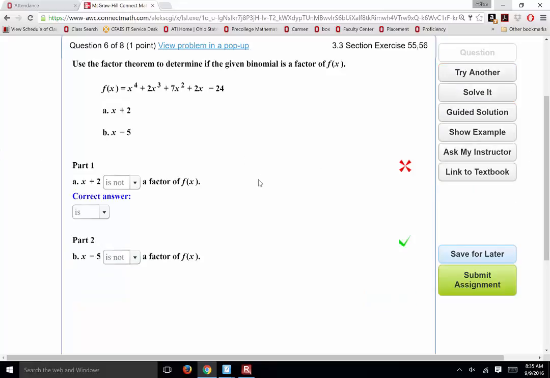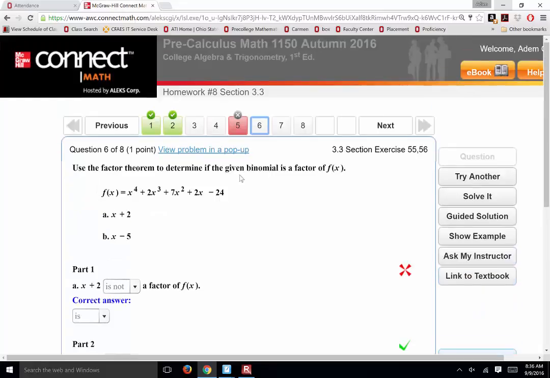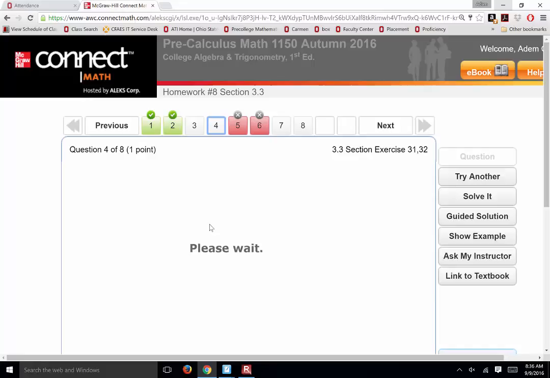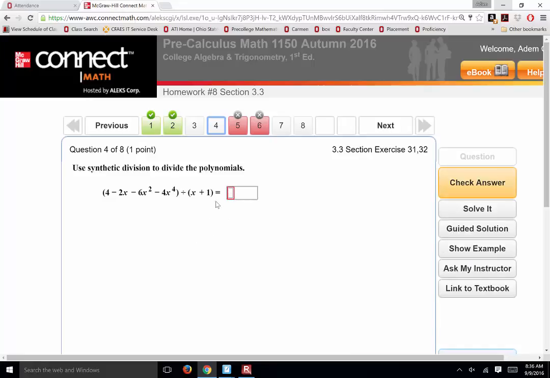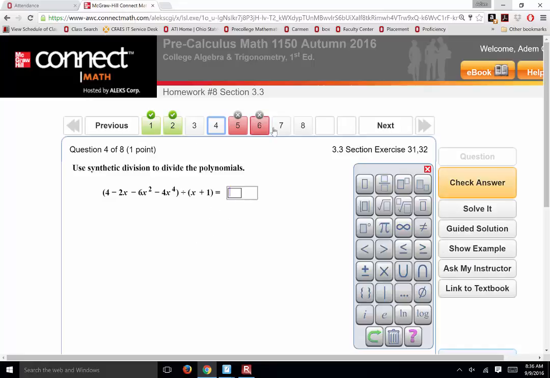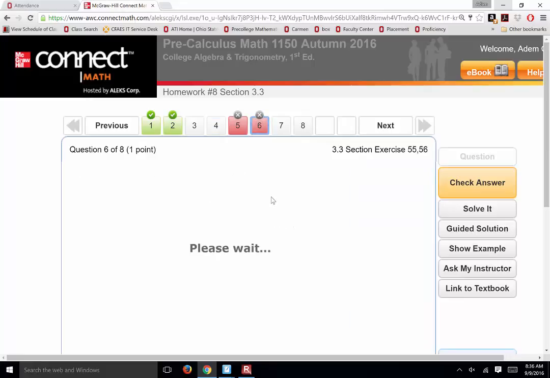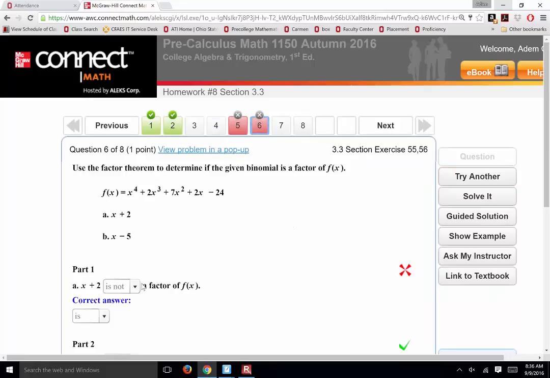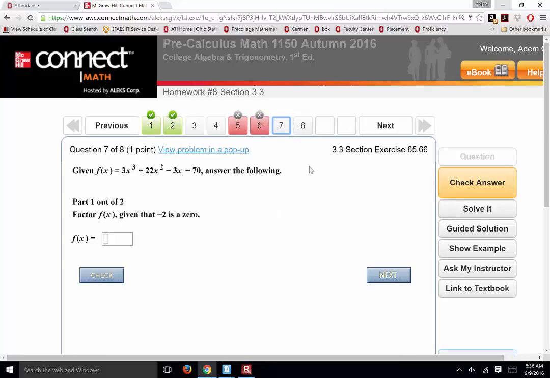By the way, in the exam, if there is only a yes or no type question, you won't have multiple shots. You will have only one shot, okay? But if you are providing the answer, you will have many chances, as many as you wish. Here, you have unlimited attempts. But in this question, you will have only one shot. Like I did. If you're careless like this, it will tell you the correct answer. You will never go back to this question. So be careful. No trial and error option.